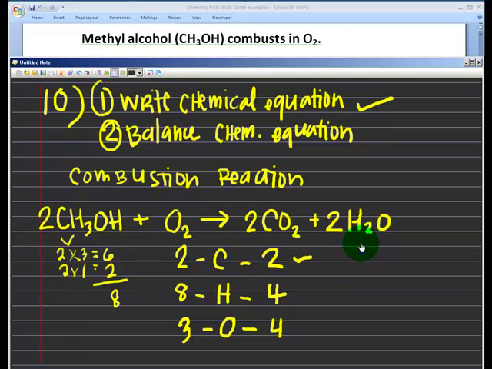I still have 4, so in order to make 8, I am going to change this 2 to a 4. So now I have 4 times 2 hydrogens equals 8 hydrogens. Perfect. They balance each other out. I'm just going to erase this over here.